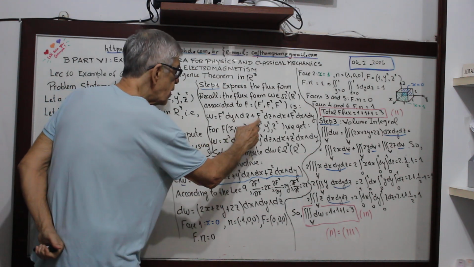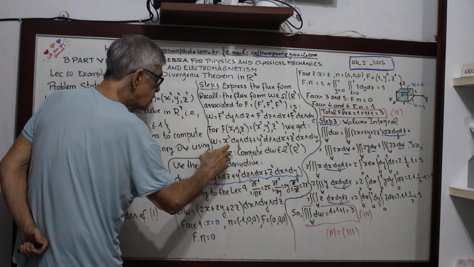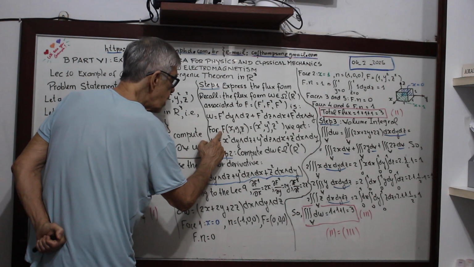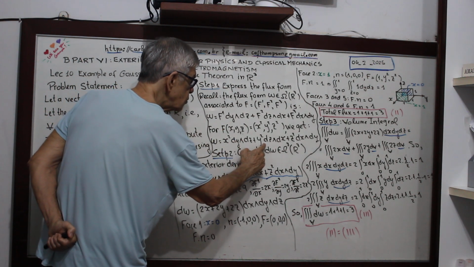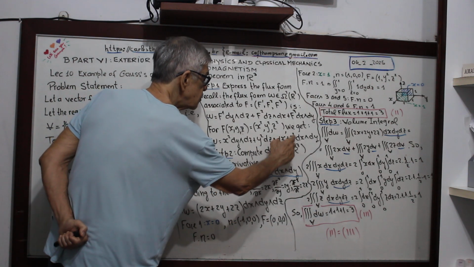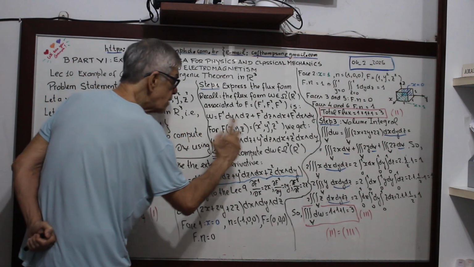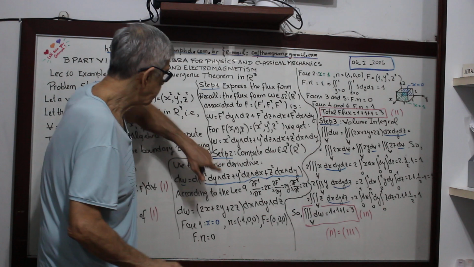Now, for F = (x², y², z²), we associate the omega: x² dy dz, y² dz dx, and z² dx dy. Step 2, let's compute d omega.